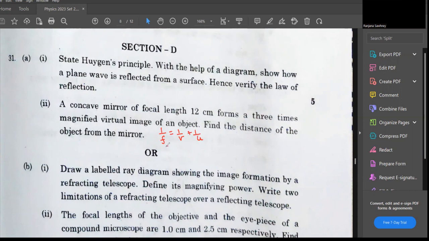Your focal length is minus 12 centimeter as it's a concave mirror, and magnification is given as 3, and magnification for a mirror is minus v by u. So from here v is equal to minus 3u. Substituting it over here and finding out u, you get minus 8 centimeters.